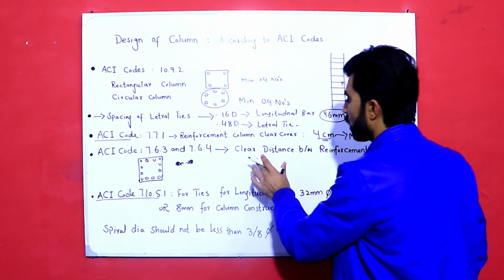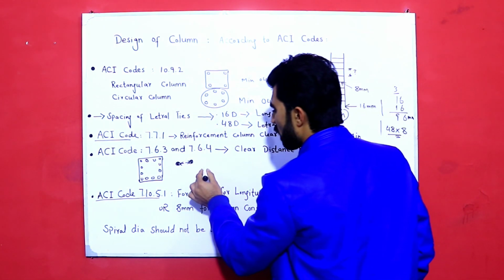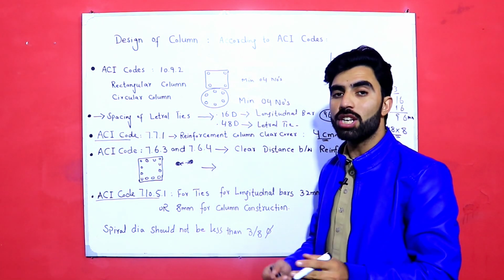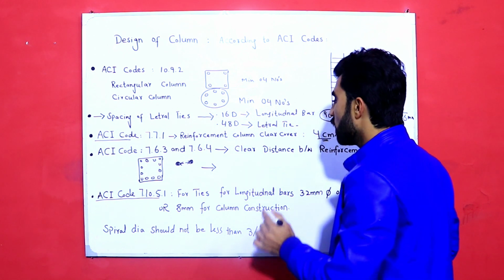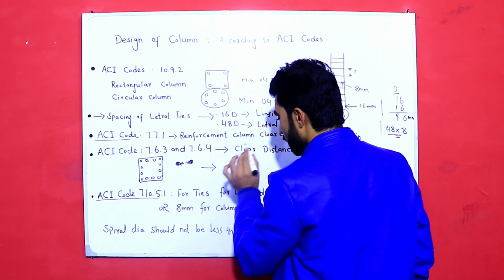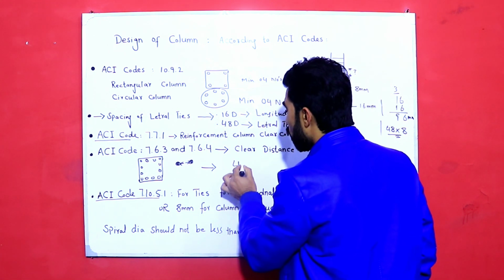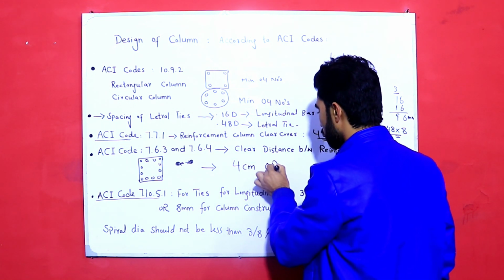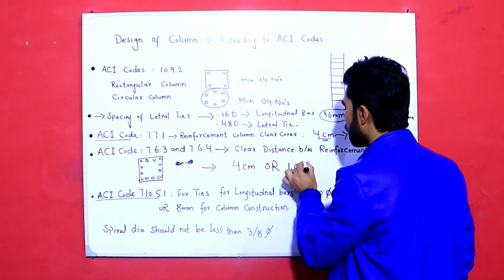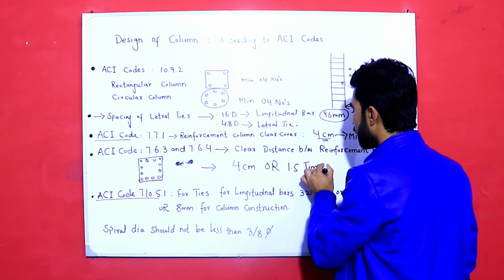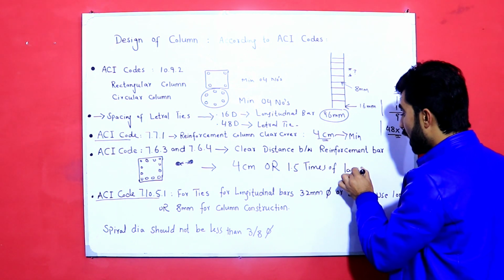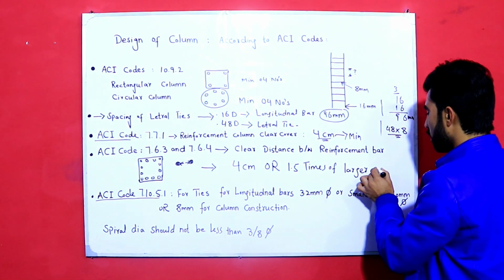In an RCC column, what should be the minimum spacing from one steel bar to another? In this code you can find it. The minimum spacing for two reinforcements, especially column longitudinal bars, should not be less than 4 centimeters or 1.5 times the larger longitudinal bar.